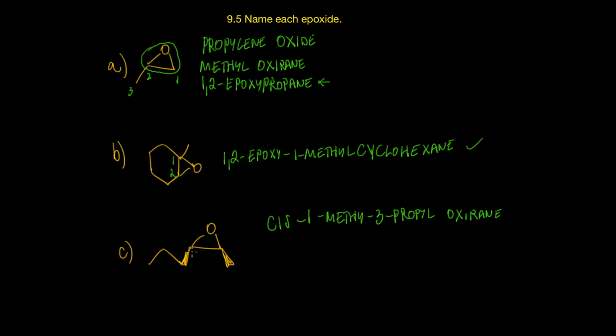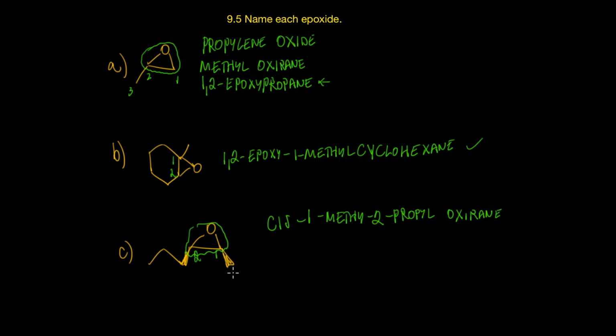Now, looking at this, I would think that we have a methyl group on carbon 1, but we have a propyl group on carbon 2. So we'll fix this, and I'll write a number 2 here instead of what I wrote originally, number 3. Okay, always count the carbons first. I made that mistake.